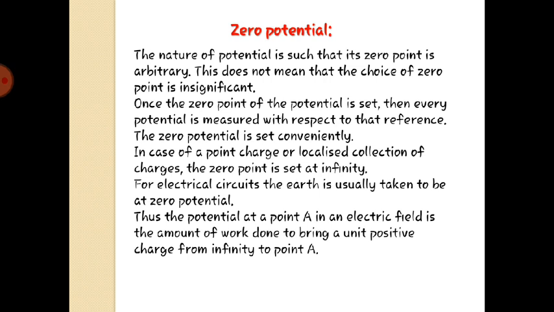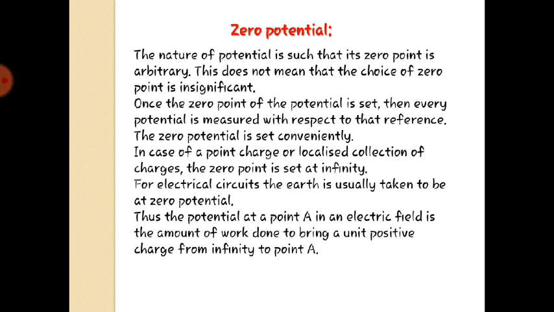So once the zero point of potential is set, then every potential is measured with respect to that reference. We are going to take a point which is very far away from a single point, and we are going to consider that as a zero point where current is exactly not flowing. We are not saying current is not there. Current is there, but we are going to consider that as a reference point.